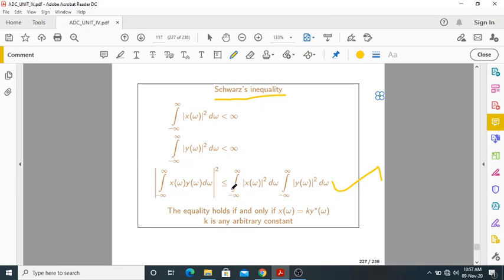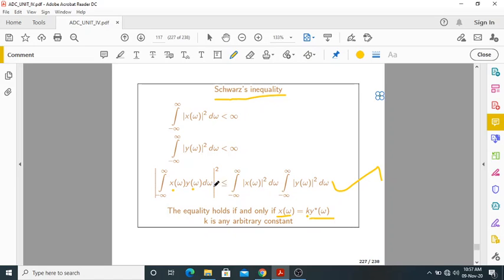But when it is equal, so here this quantity is less than or equal to the product of these two quantities. But when the equality holds good, the equality holds if and only if x of omega equals y of omega, or x of omega equals some constant k into y conjugate of omega. So if they are real quantities, the equality holds good when and only when x of omega equals some k into y of omega.